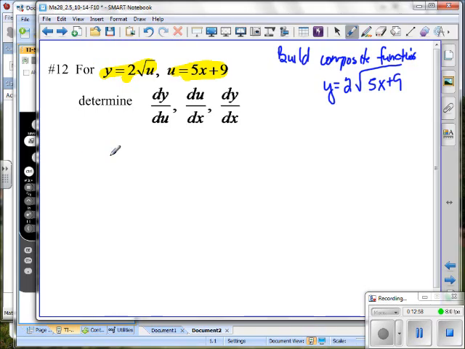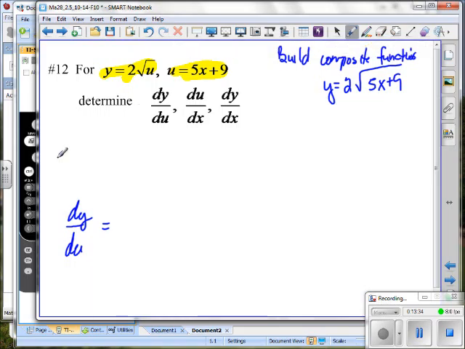dy du, which of these am I going to use? Well, better use the one that has an input of u and an output of y. So if I'm going to use dy du, it is going to come from this one. I'd be better off if I started with rewriting that function first.